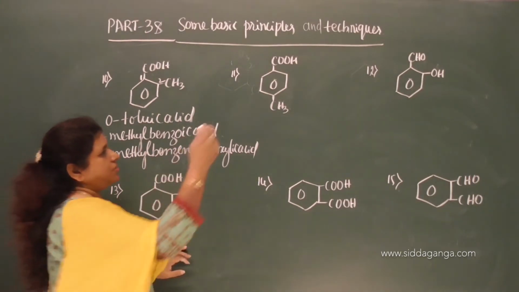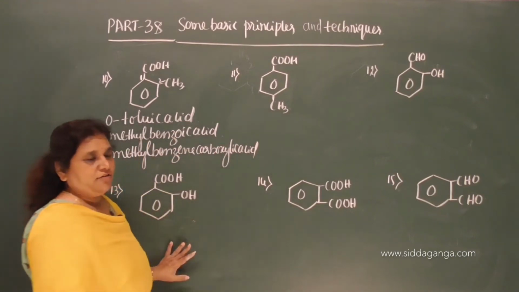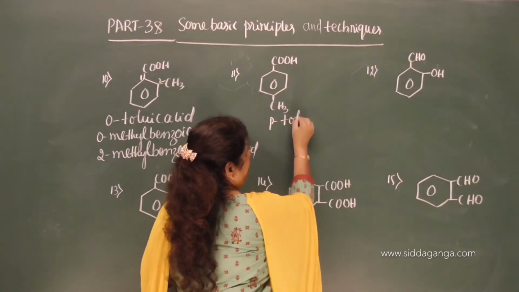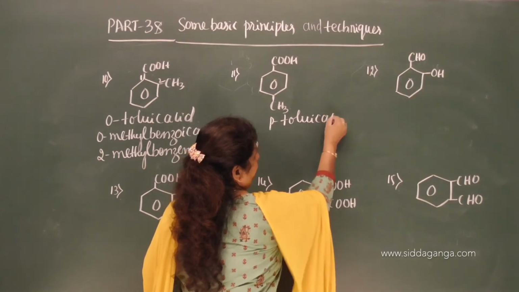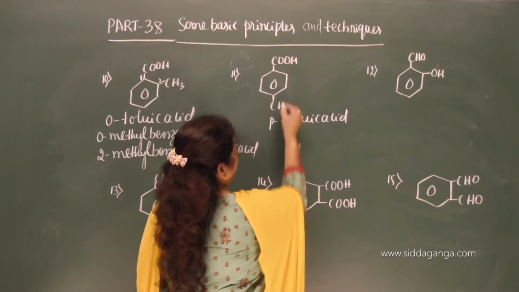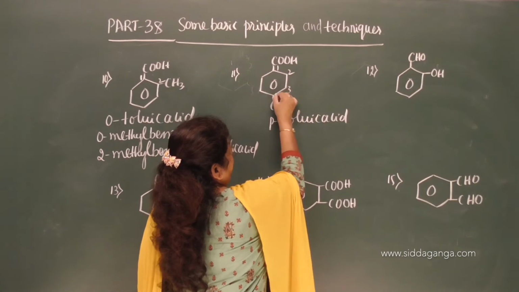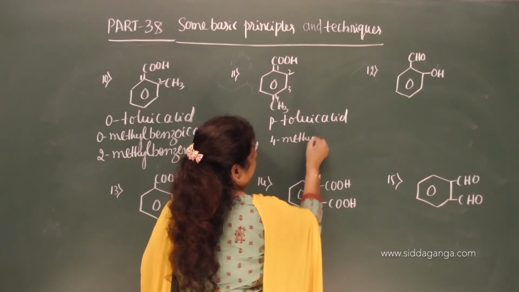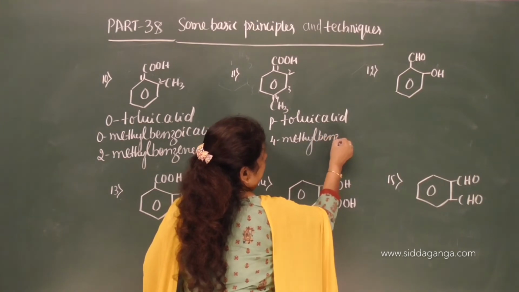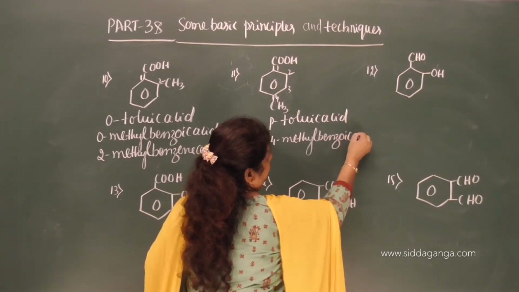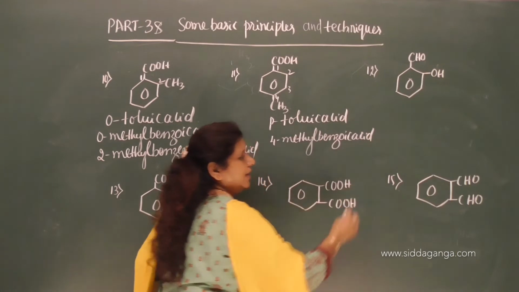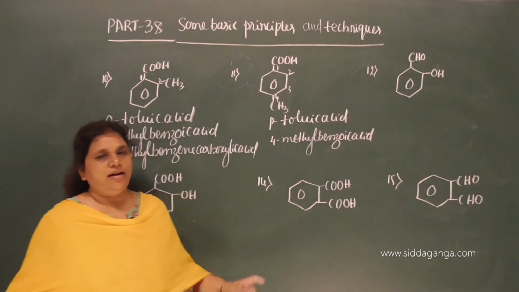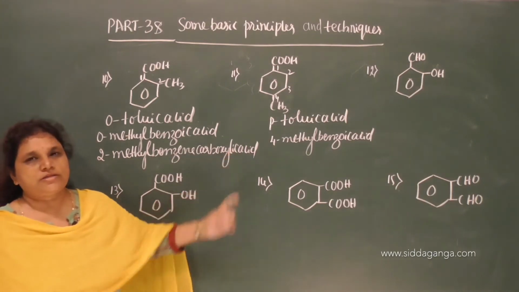Now, the position opposite to that is para-tolic acid, p-tolic acid, and 1, 2, 3, 4. 4-methyl benzoic acid, or you can name it as 4-methyl benzene carboxylic acid.